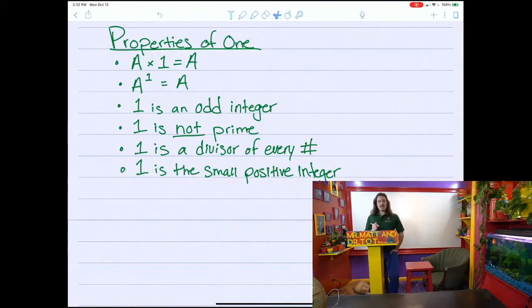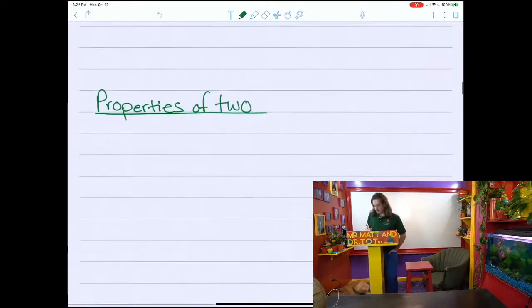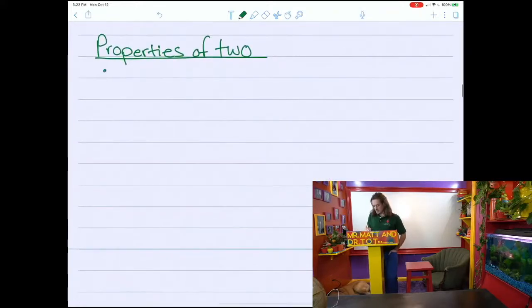And then there's not as many properties that we need to really talk about for 2, but there are a few important points that I want to get across. So 2 is the smallest even, or I should say the smallest positive even number. Two is also the only even prime.